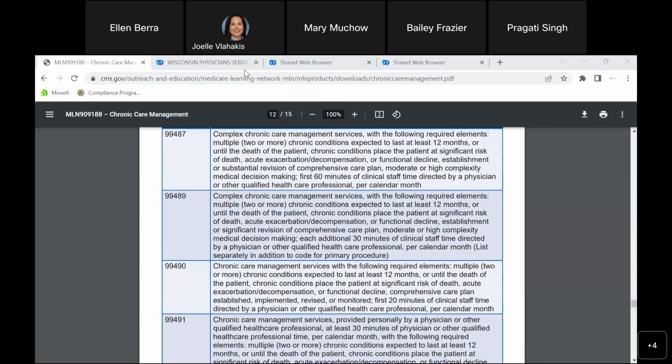Next, can you elaborate on something you said? You can't report complex CCM and prolonged evaluation and management services in the same calendar month. Which codes can be billed in conjunction with a standard 15-minute or 99213 appointment?